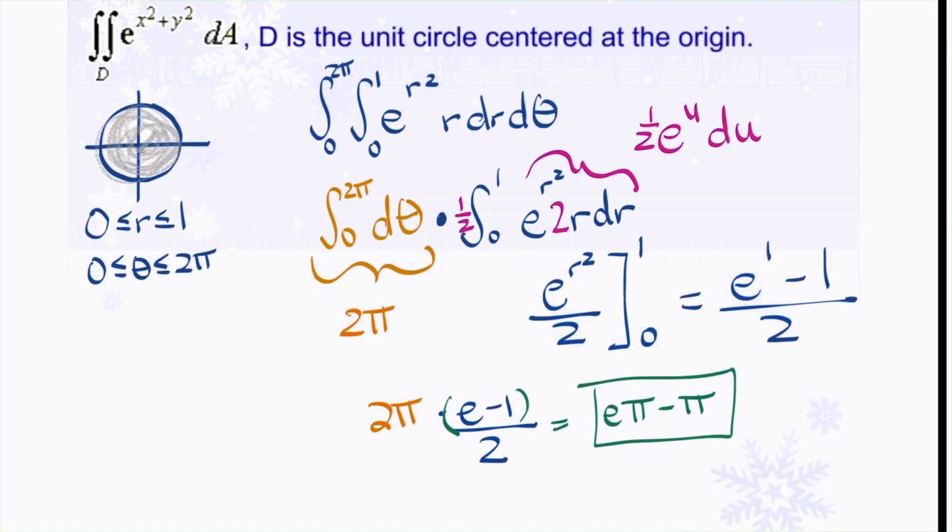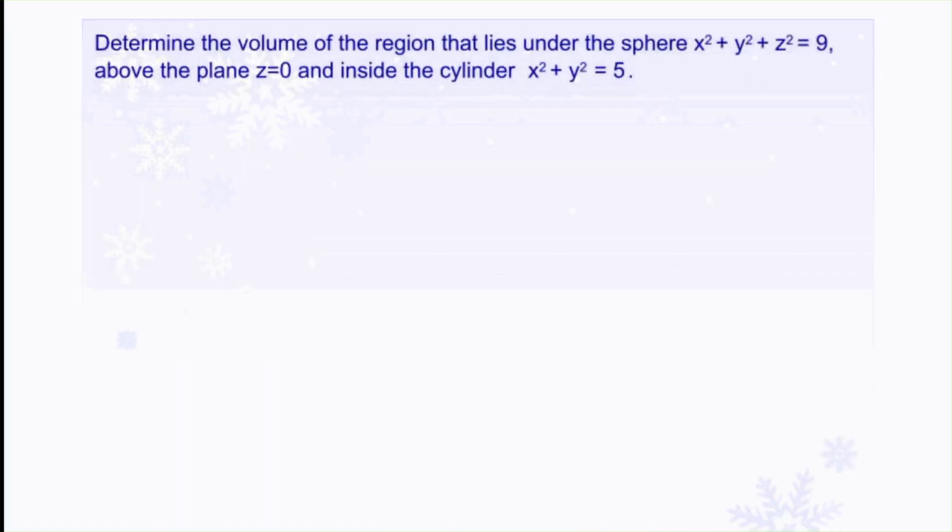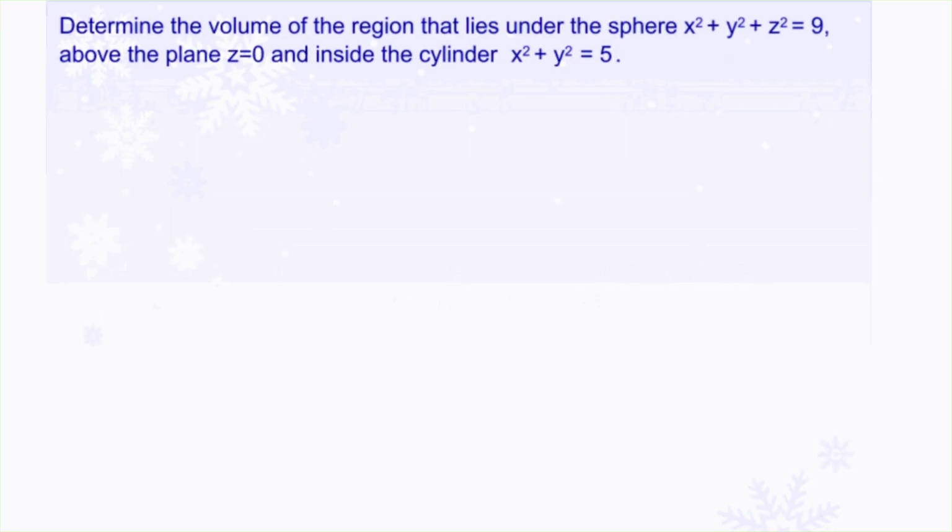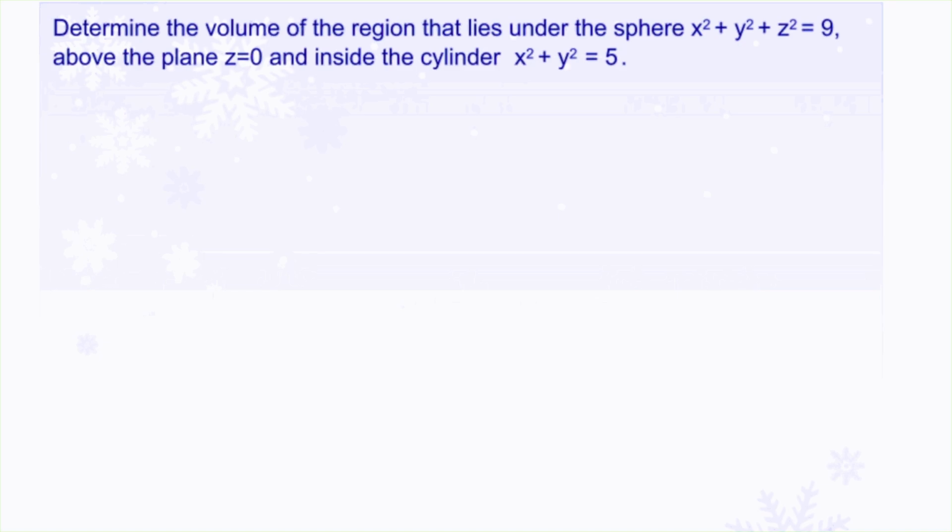All right, we have our last example here. It's a little trickier because we're not just given an integral. We have to write our integral. So it says determine the volume of the region that lies under the sphere centered at the origin, radius 3, and above the plane z equals 0, and inside the cylinder x squared plus y squared equals 5.